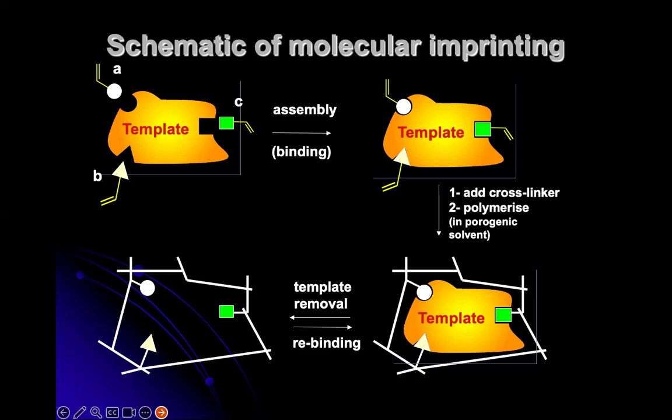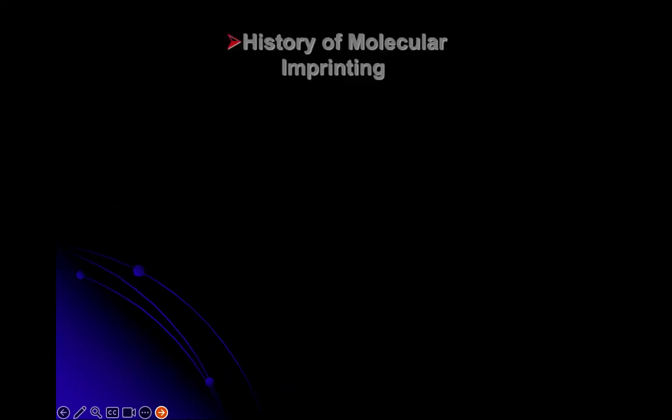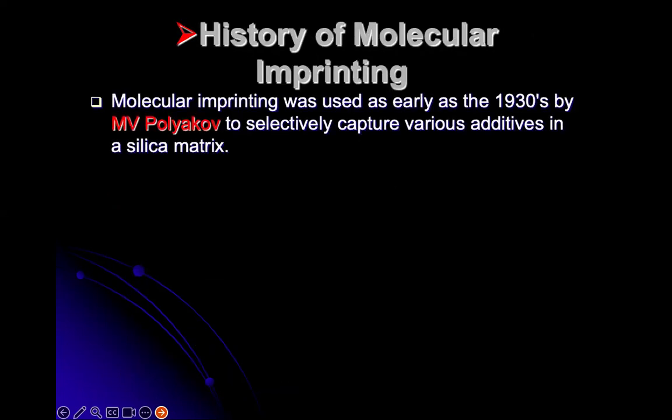So let's look at a proper example. This is the history of imprinting process to selectively capture various additives in silica matrix.